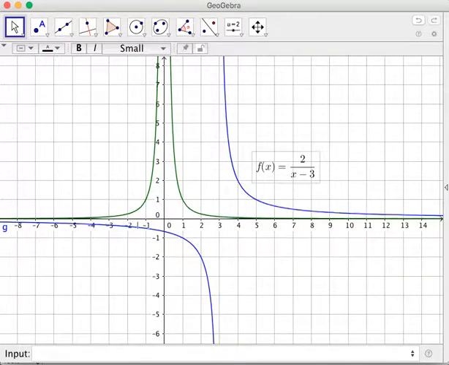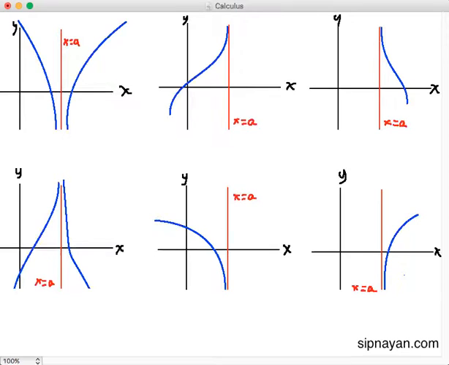This is approaching from the left. Ito naman from the right. As x approaches 3 from the right, the value of f of x, which is 2 over x minus 3, approaches infinity. So dito negative infinity from the left, positive infinity from the right, ang ina-approach niya. However here, both left and right, nag-approach siya dun sa number na x equals a.